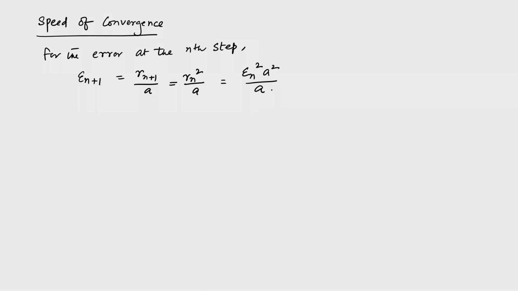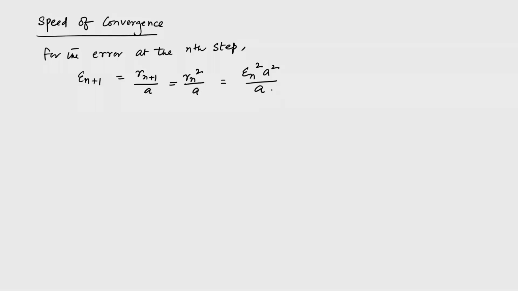So, of course, if epsilon n is small, in successive steps it gets smaller and smaller, and this is what we have seen in that last problem that we did.